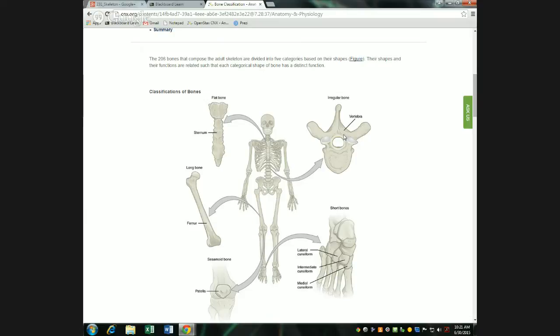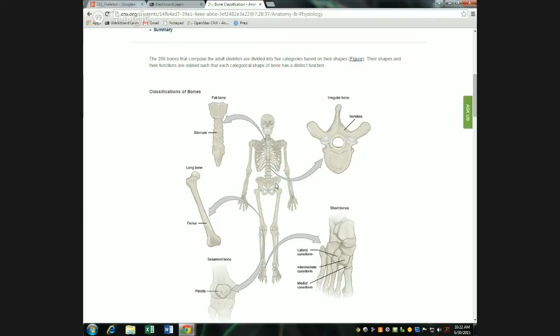Some things that really should be considered irregular sometimes get thought of more as flat or short or something like that because they're mostly like that. But in the end, they're not. A good example of that is the pelvic bone. The big wing off to the side of the pelvic bone here is very much like a flat bone.